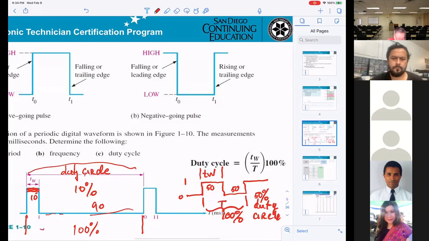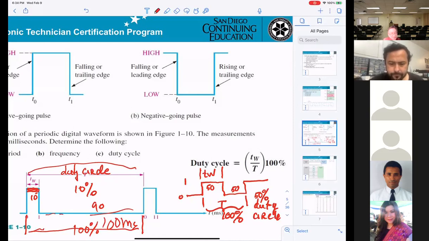If I say from here to here is 100 milliseconds, easy to understand, and they want the high only 10 milliseconds, then it has to be low for 90. That depends on the circuitry they design: how long they want it to be high, how long they want it to be low.